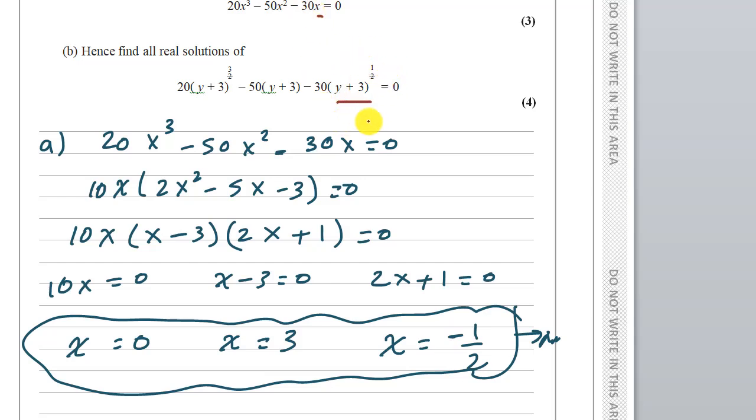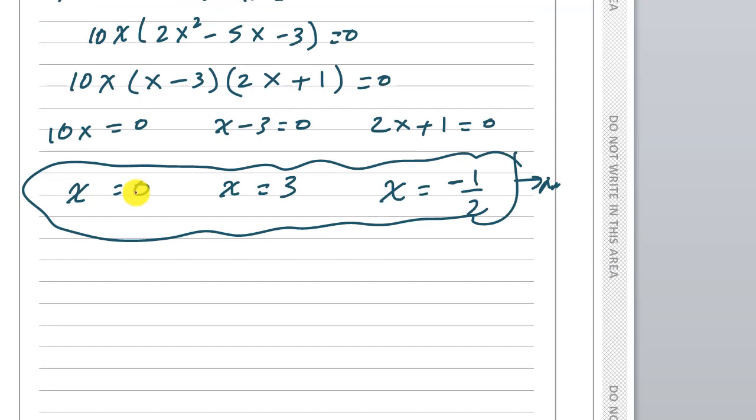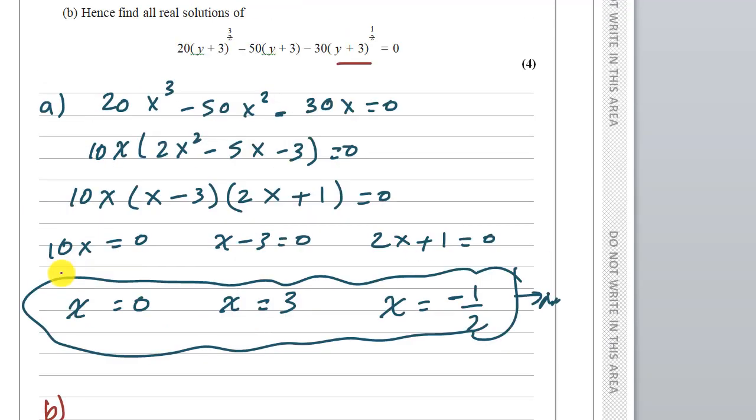Let us put x is equal to y plus 3 power half. So to start to solve this part, this is part B. What we will do now, we will add x equal to y plus 3 power half.